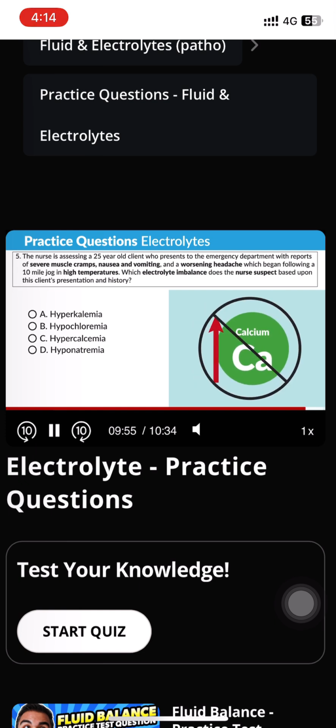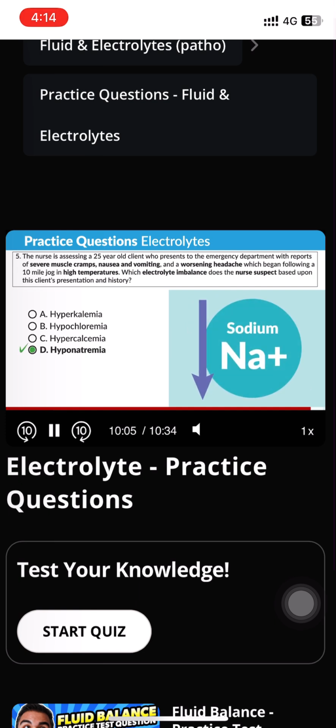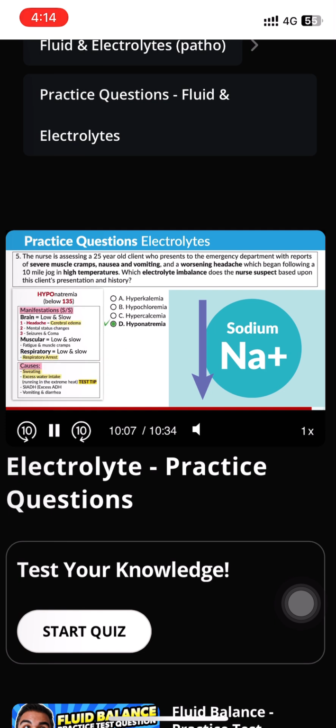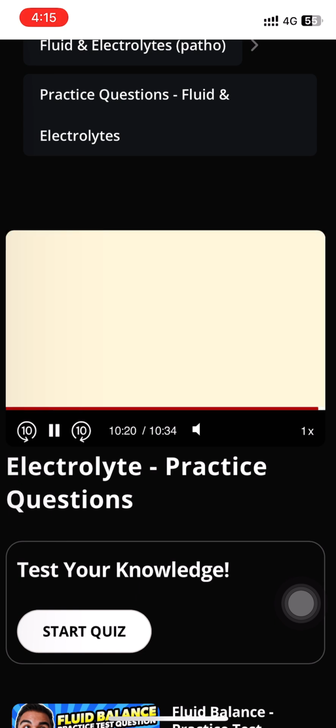No, this is incorrect because we would expect high calm inside the body with stones, moans, and groans, specifically kidney stones and constipation. Now D is the most correct here based on the key terms. So headache and severe muscle cramps, along with jogging in extreme heat, which gives it away that it should be low sodium, that hyponatremia.